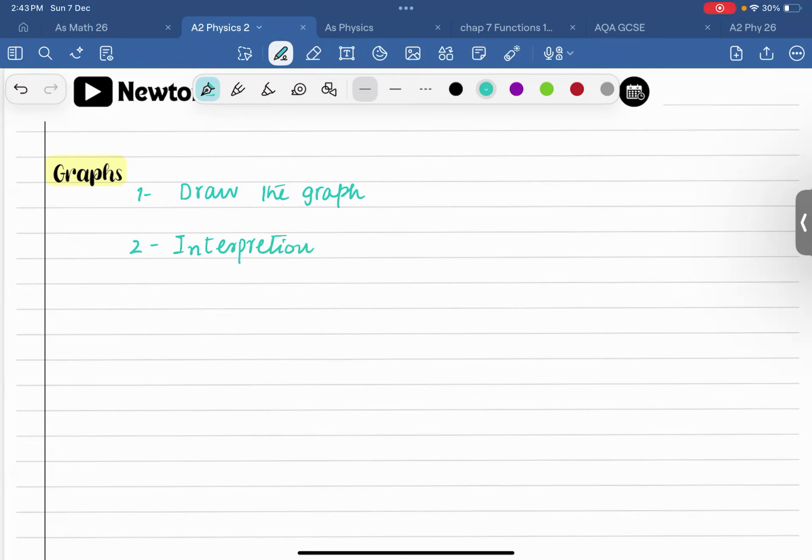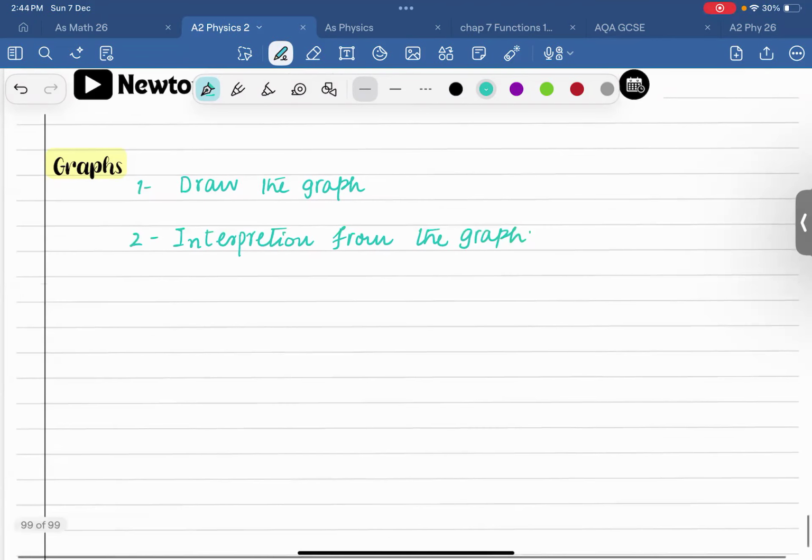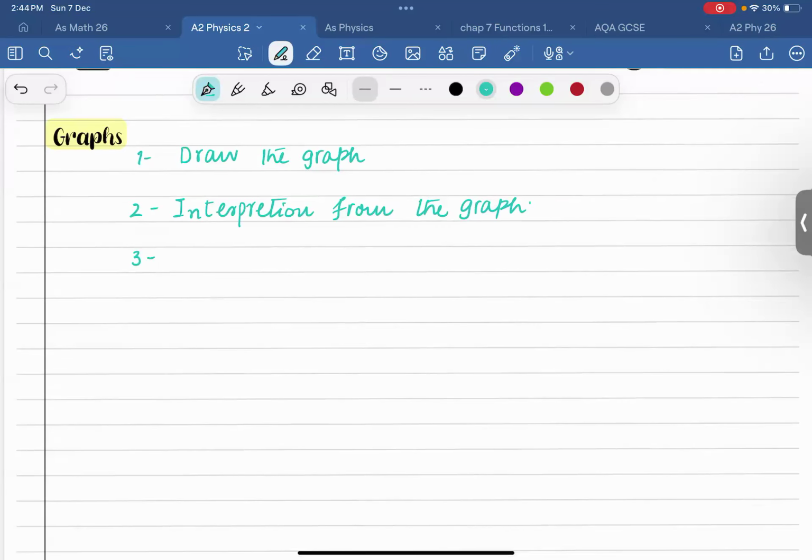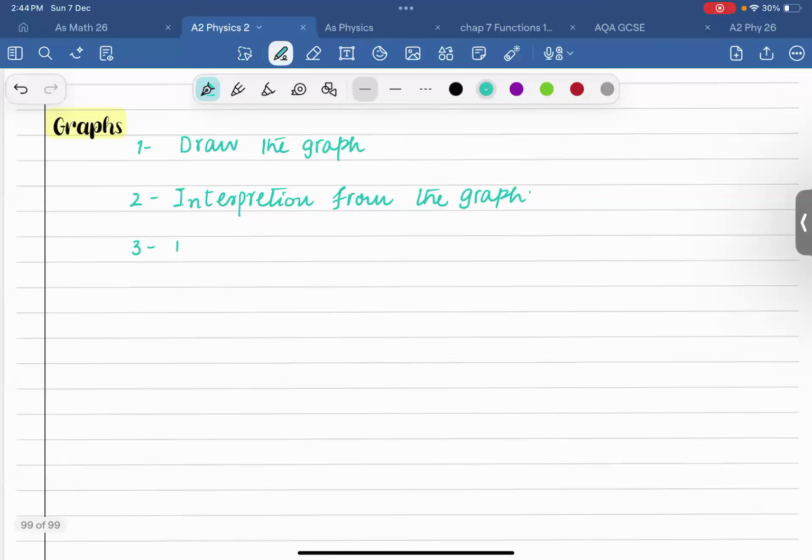And the third is going to be interconversion of the graph. Okay. So these are the three things that you should know about the graph.